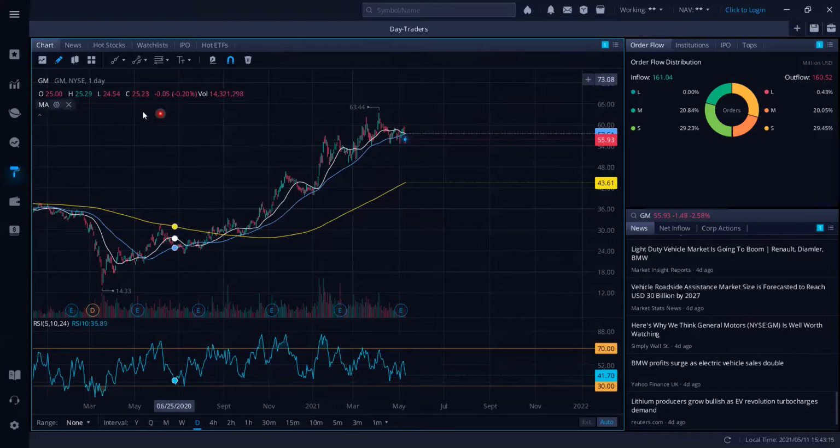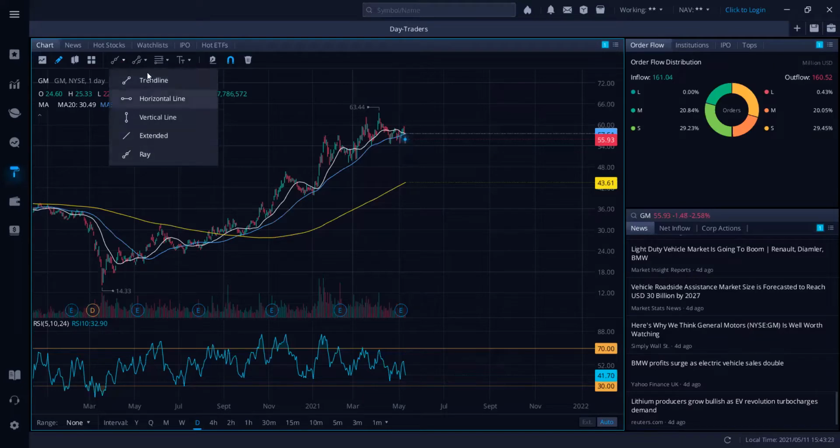All right. So right here again, this pencil. If you click here, you get all kinds of different types of support and resistance you can set. I like to go with the ray.